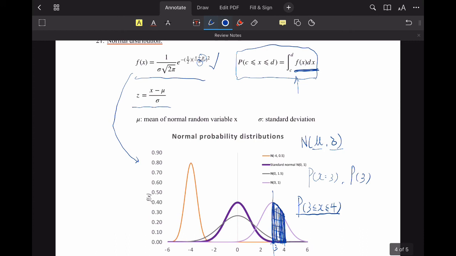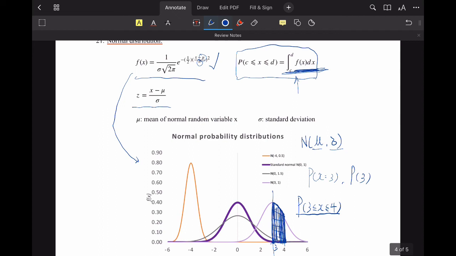It is very annoying in real life that whenever you do a normal distribution, you have different mean and different standard deviation. And whenever you want to calculate the probability here, you have to do the complex calculus, this integral. Whenever you want to calculate, you have to do it again.